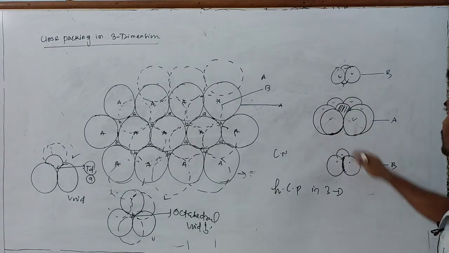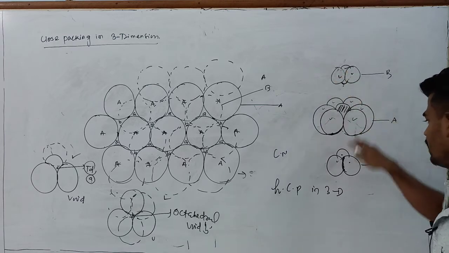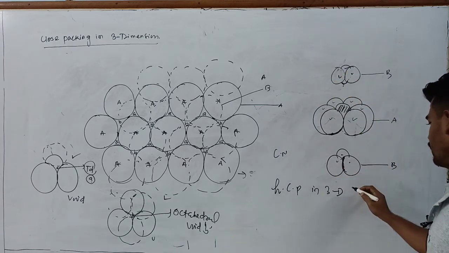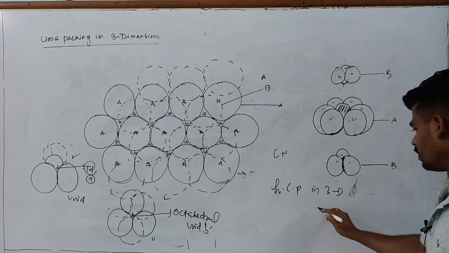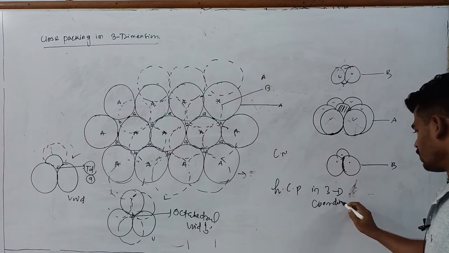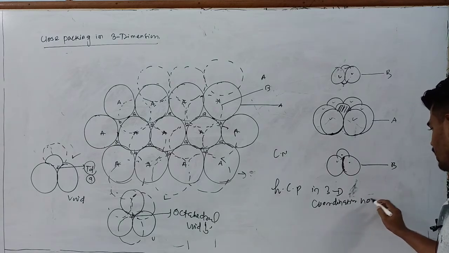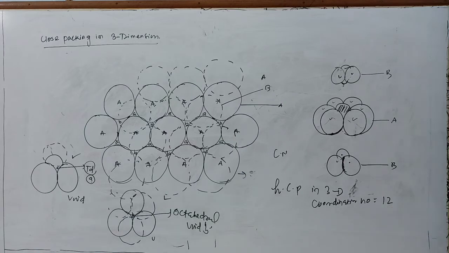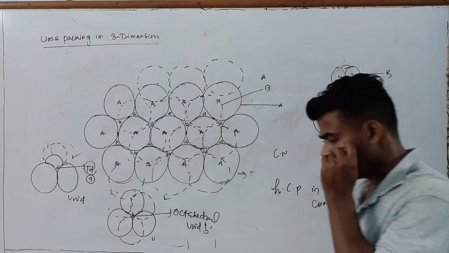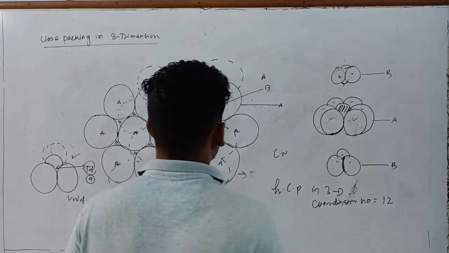So 6 plus 3 plus 3, the coordination number is 12. Is that clear? So this is called hexagonal close packing.